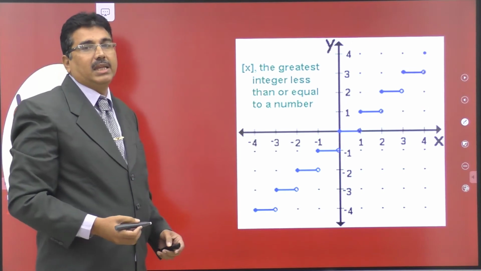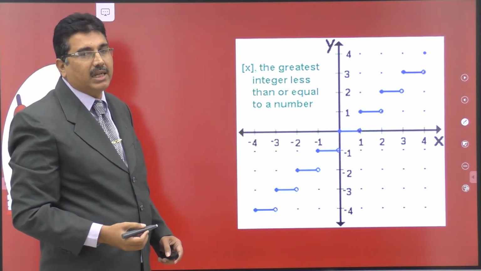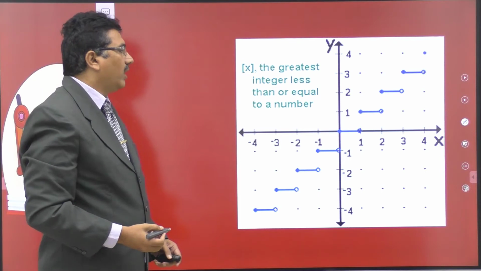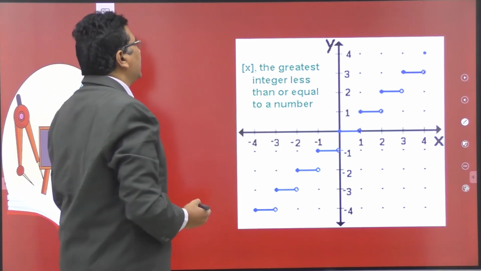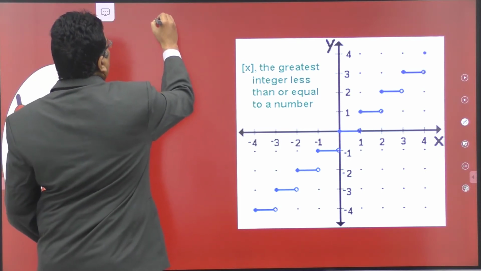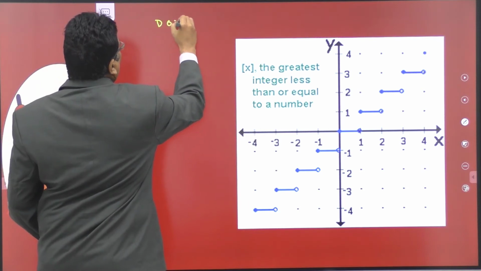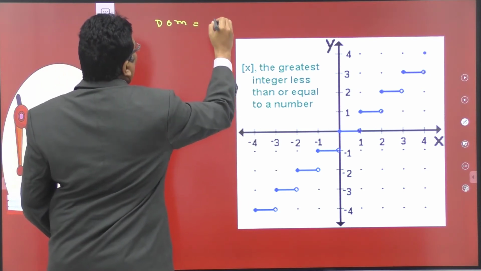Now see the graph of the greatest integer function. What is the domain of the greatest integer function?